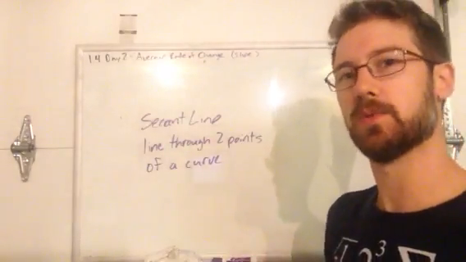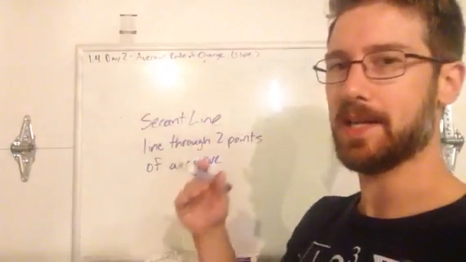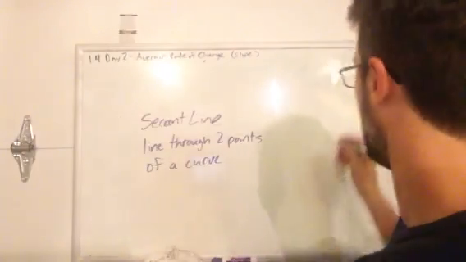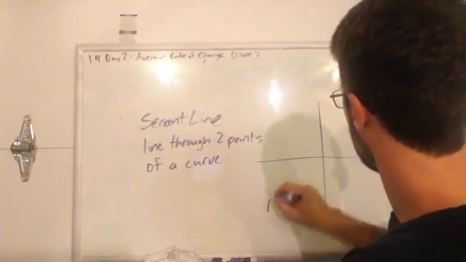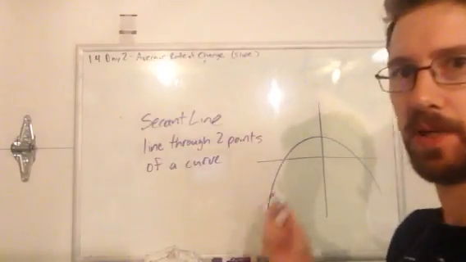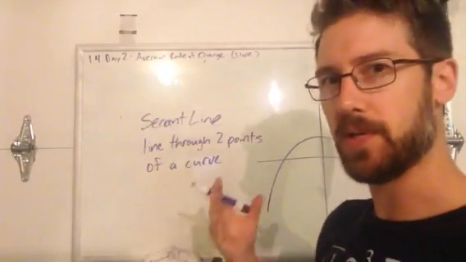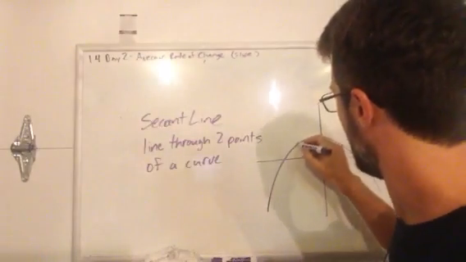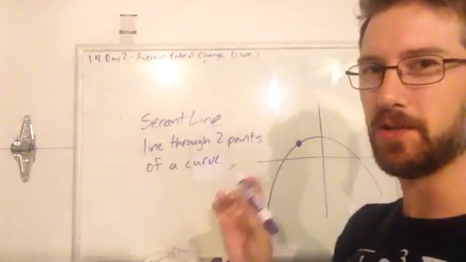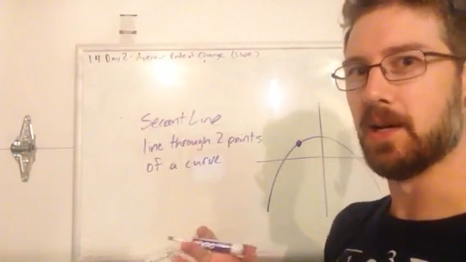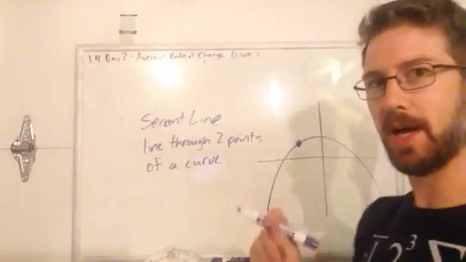And in calculus, what you're going to use this for is estimating what the slope is at a particular point. So if we think about some sort of a parabola that looks like this, and I want to know what the instantaneous rate of change is at this point right here. Well, in calculus, you're going to learn how to do that exactly. Before you do that, though, you're going to learn how to estimate it.